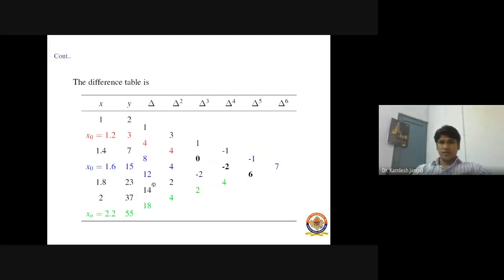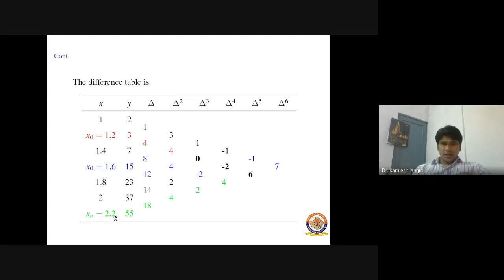So first we write the difference table here. The first column gives the values of x, and similarly y gives the argument values of y. We are interested in finding the derivative at x0 equals 1.2, at the center point x0 equals 1.6, and at x equals 2.2.